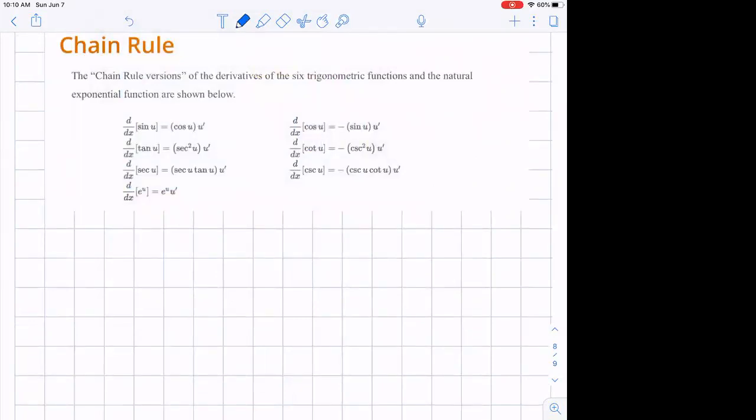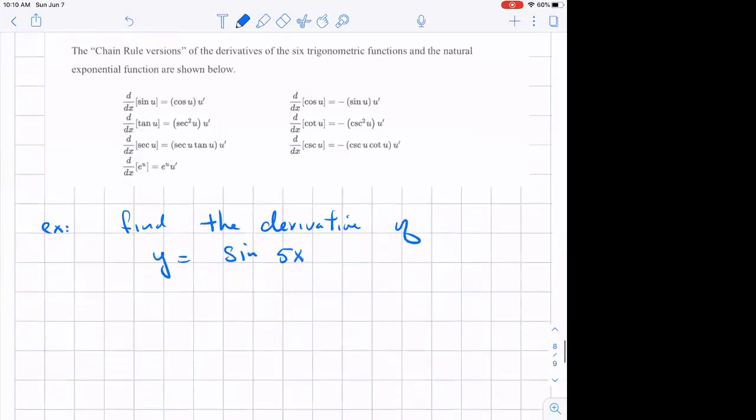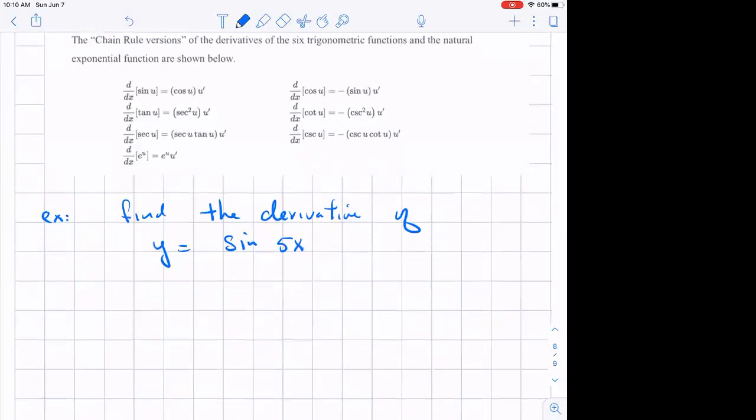Okay. So example, what happens if I tell you find the derivative of y equals, let's say, sine of 5x. So what is y prime?